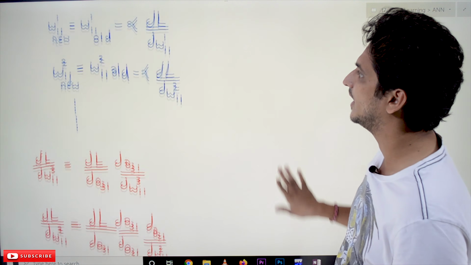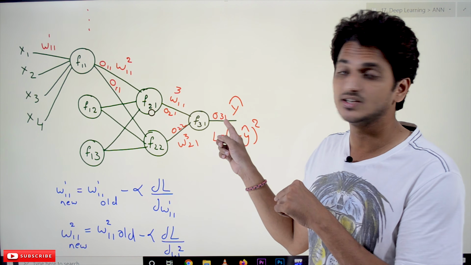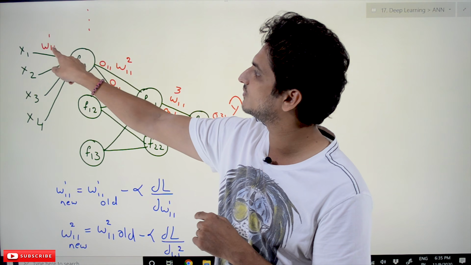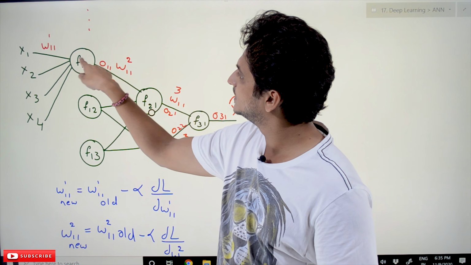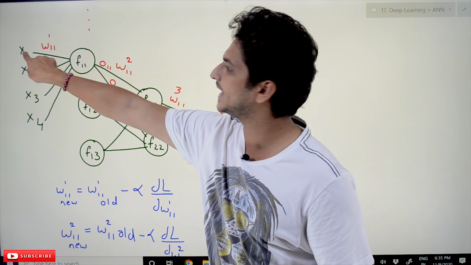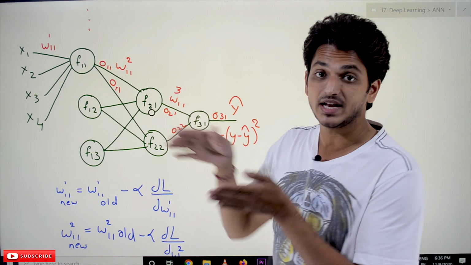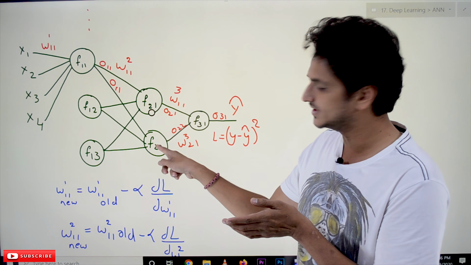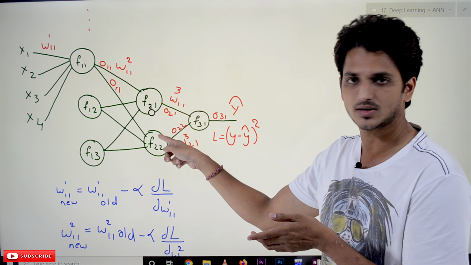If you want to calculate how the loss is changing with respect to W111, check here: O11 is dependent on W111 and X1. O11 is given as input to this perceptron and this perceptron.